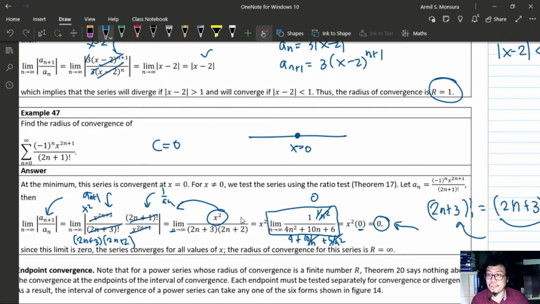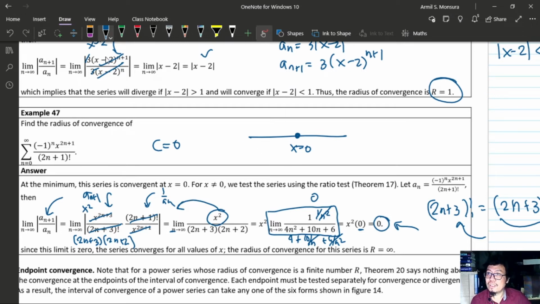The fact that this limit is 0 means that for any value of x that you place here, this series would converge.